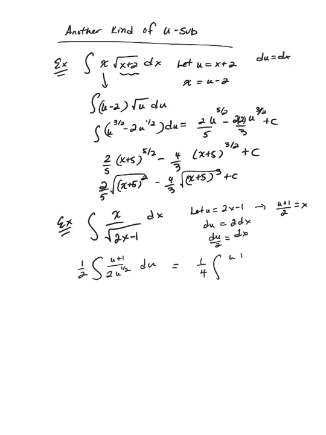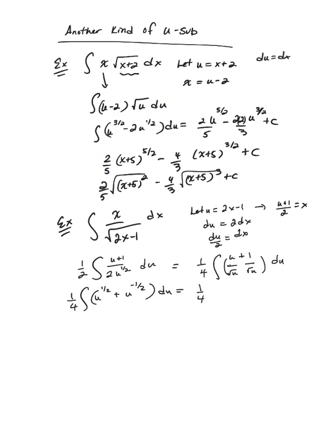And then what I could do is split this up into u over square root of u, 1 over square root of u, du. So I end up getting 1/4. All I'm doing here is algebra and manipulation. I get u to the half plus u to the negative 1/2 du.